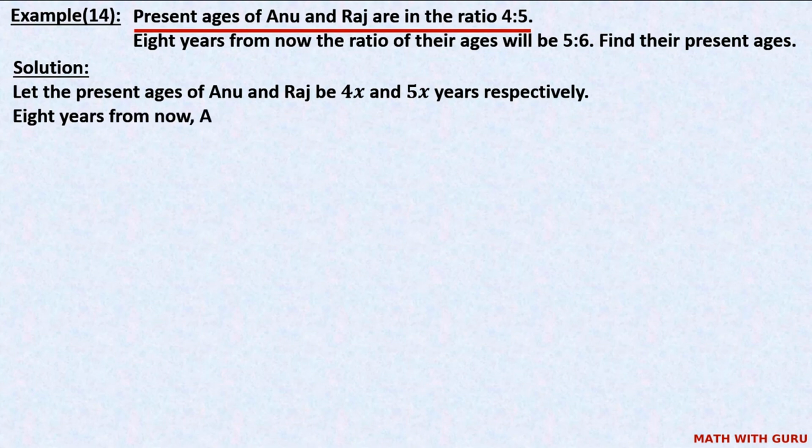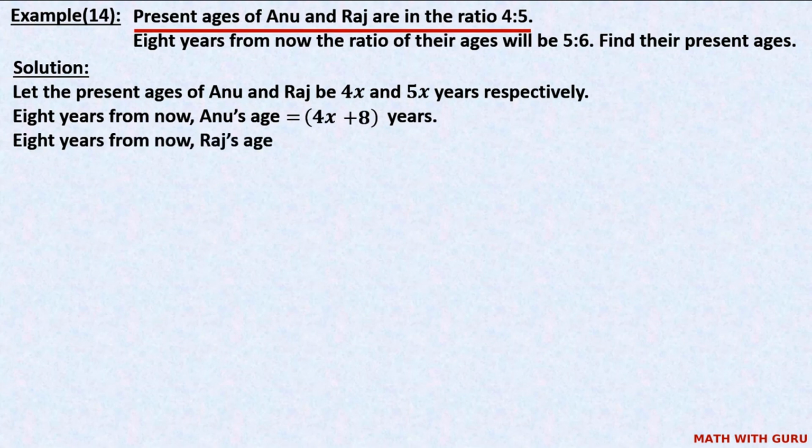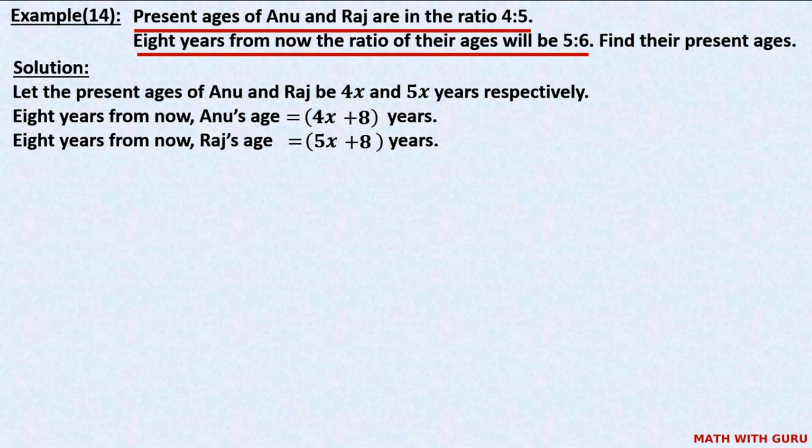8 years from now, 8 years hence, Anu's age will be 4x plus 8 years. 8 years hence, Raj's age is 5x plus 8. Now, 8 years from now, the ratio of their ages is 5:6.